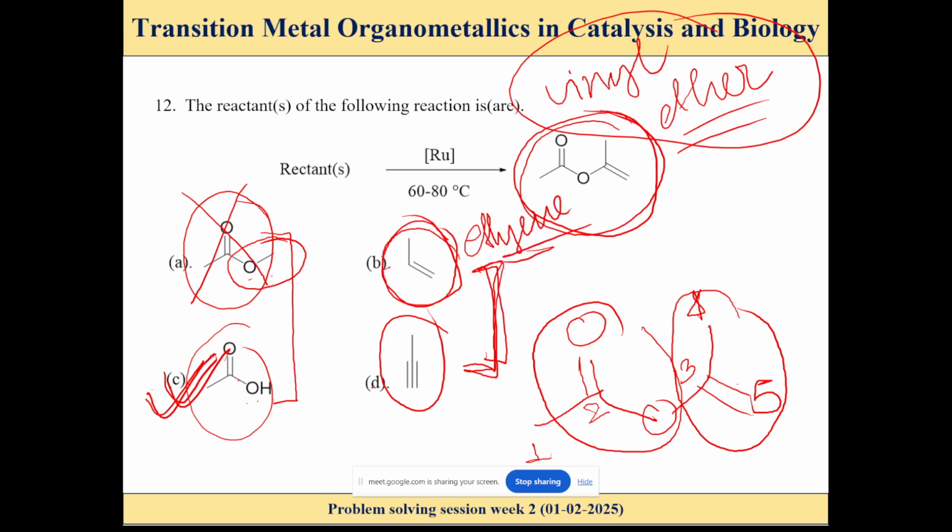This is a double bond. The Reppe synthesis of this chemistry is only possible with acetylene. So option D will be the correct answer. So option C and option D are the correct answers for this question.